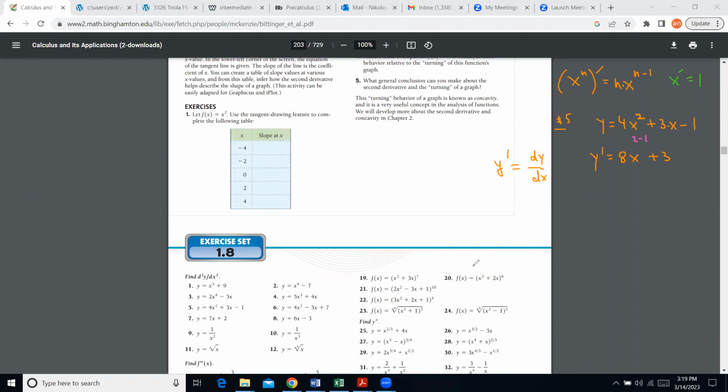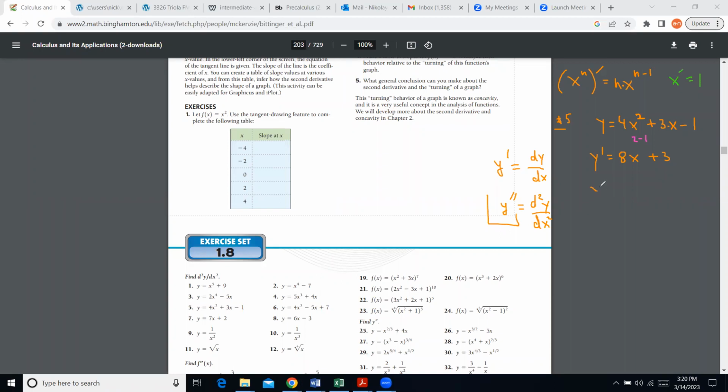In fact, in section 1.8, they also discuss the second derivative, and they write it as d2y divided by dx squared. That looks kind of unintuitive. That's why I never want to write it like that. I prefer y double prime.